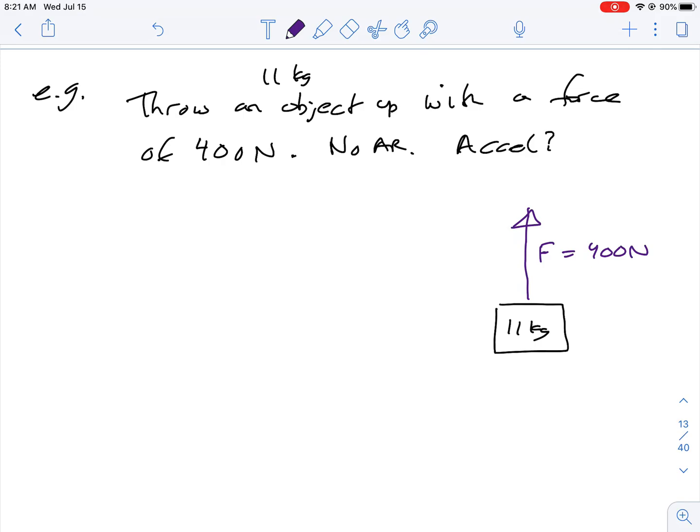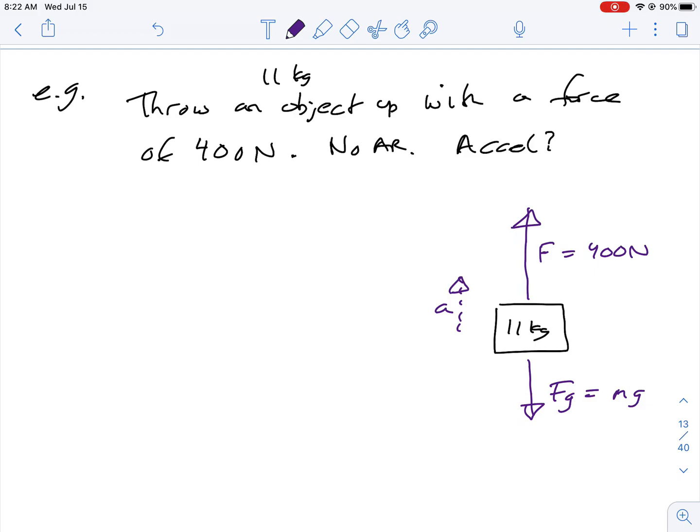But it's a vertical situation. And what vertical force do we all experience? That's the force of gravity. So it's also going to have a force of gravity going downward. There's our Fg equal to mg. And this is going to cause this thing to accelerate upward. And our job is to figure out what that acceleration happens to be.